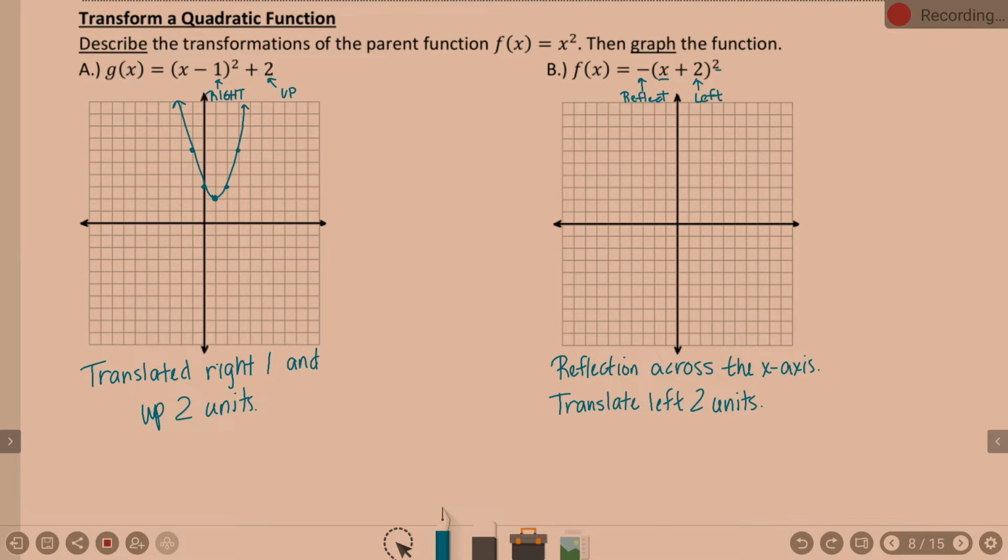Translate left 2 says I'm going to take my vertex and go left 2. What's this reflection mean? Down. Yeah, instead of counting up, I'm going to count down. So technically, we're doing our reflection first, really. In our brains, we need to be flipping it upside down first and then moving it.